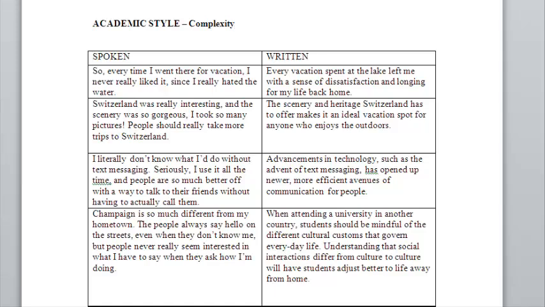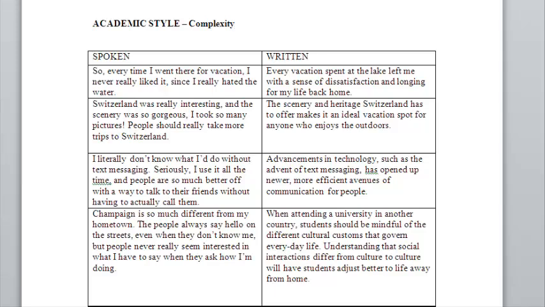And also, again, this is an example where I refer to me, what I have to say. I still have to distance it a little bit from myself and put it in the third person. So I've revised it in the following way. When attending a university in another country, students should be mindful of the different cultural customs that govern everyday life.